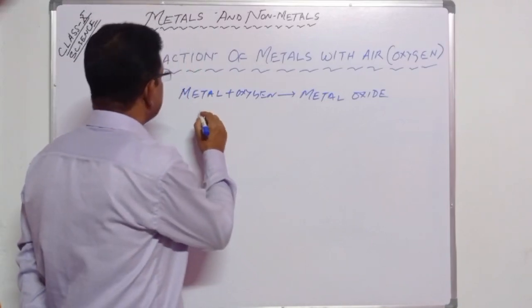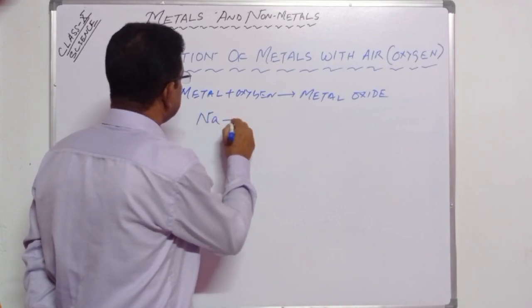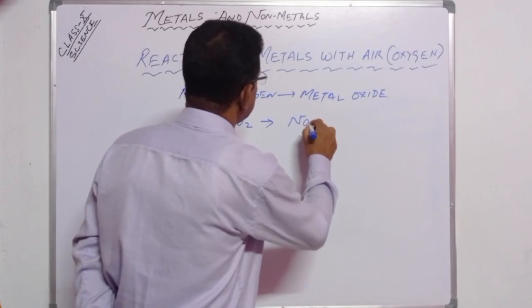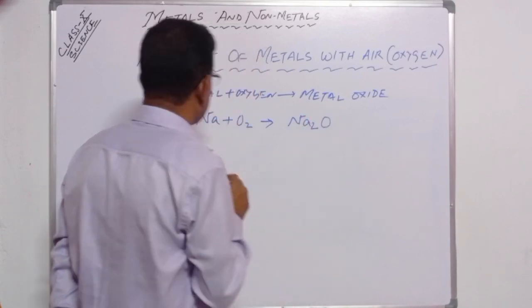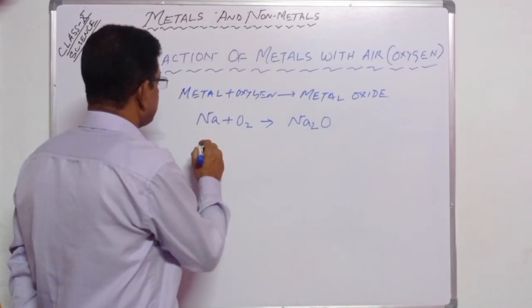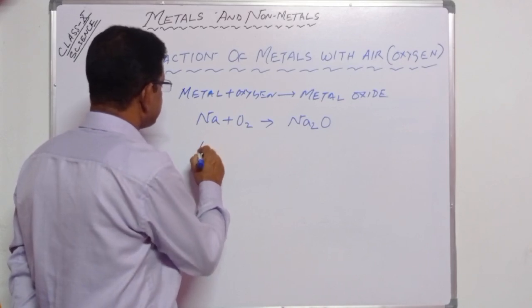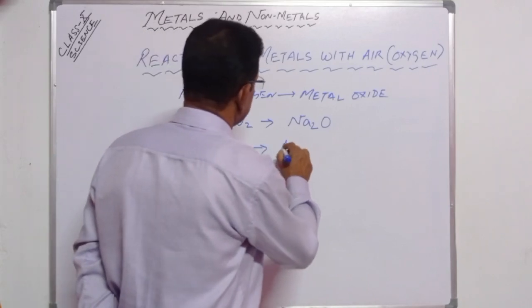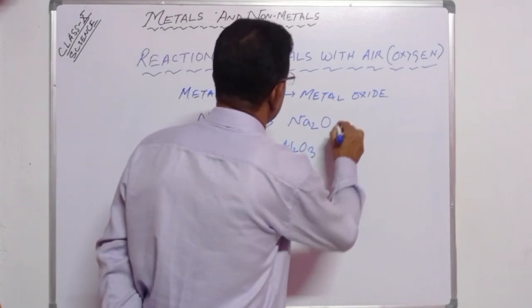Suppose sodium reacts with oxygen, it will produce sodium oxide. Next, take another reaction. Aluminium reacts with oxygen to produce aluminium oxide.